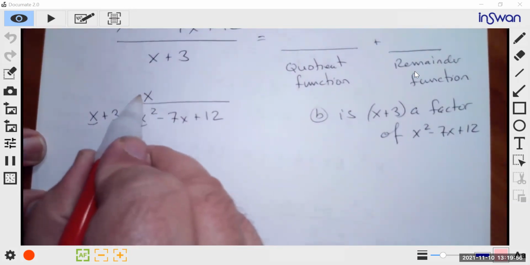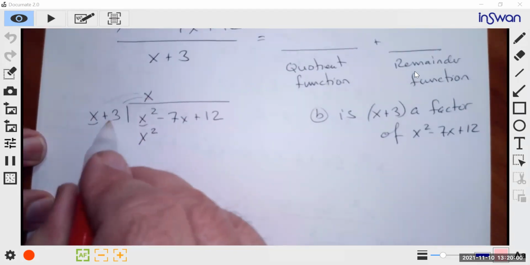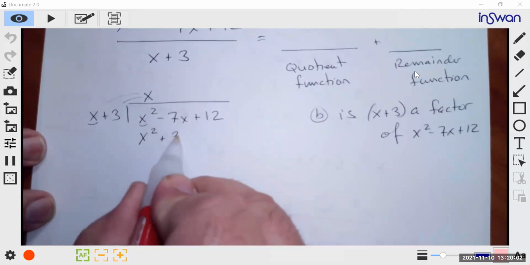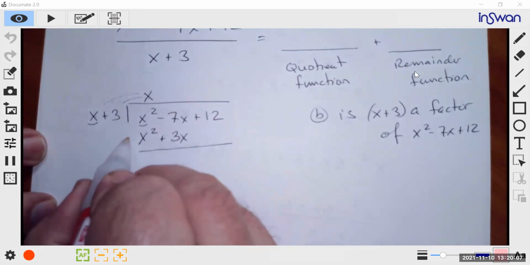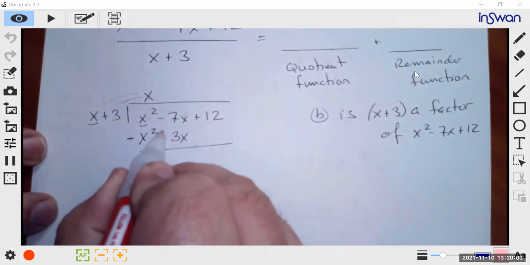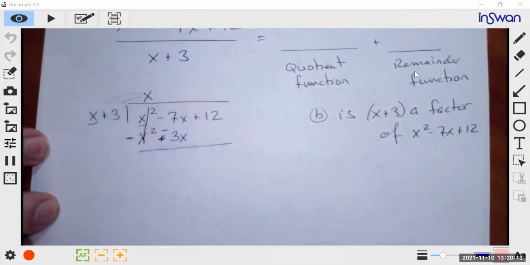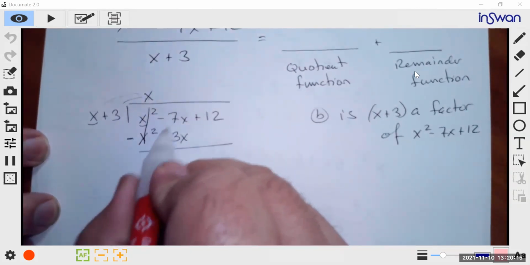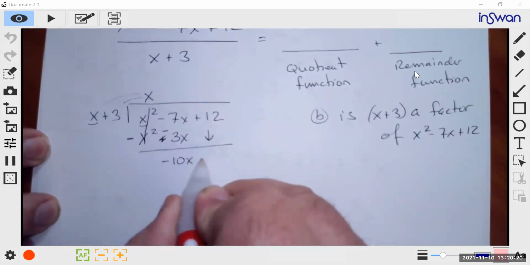Take this, multiply both of those. x times x is x squared. x times positive 3 is positive 3x. Change the signs and add. First one always has to cancel. If it doesn't, you did something wrong. Negative 7 minus 3 is negative 10. Bring down everything else.